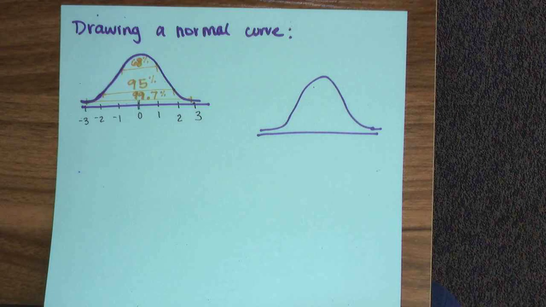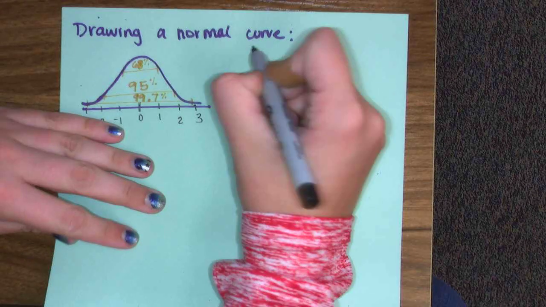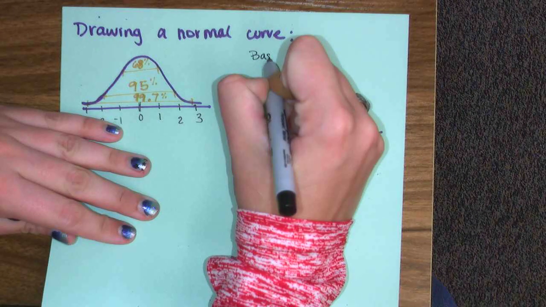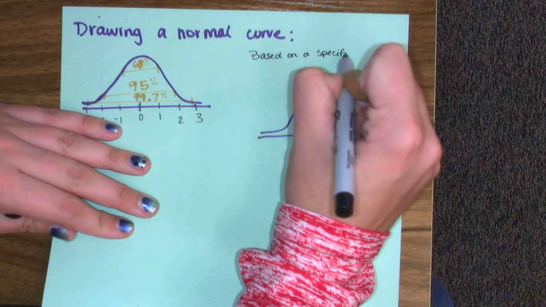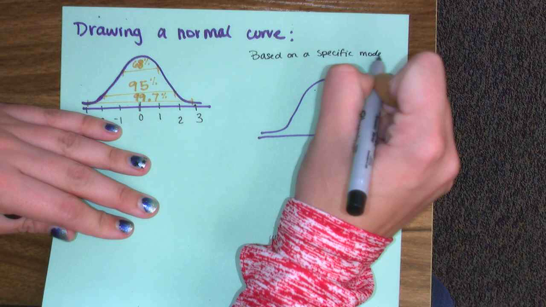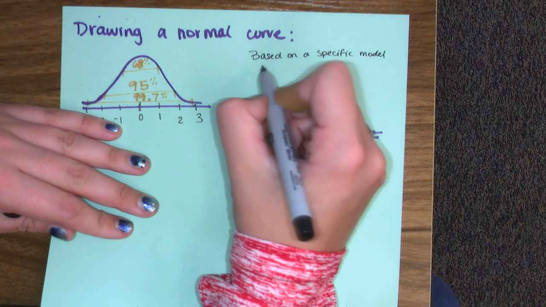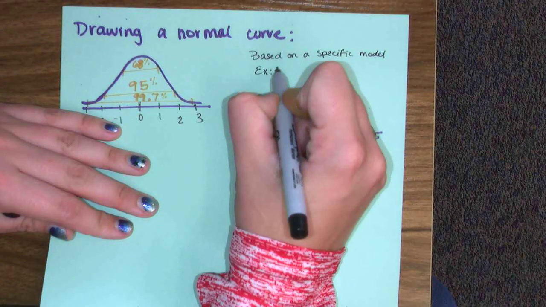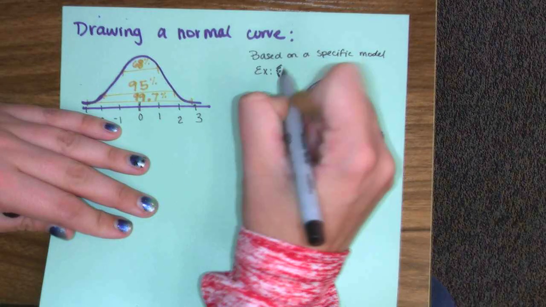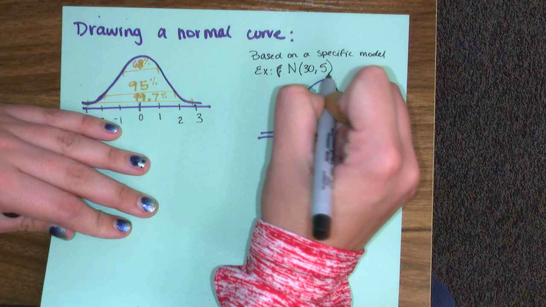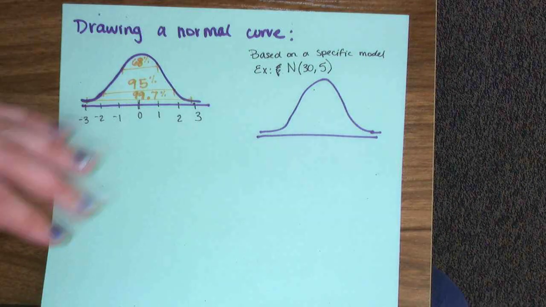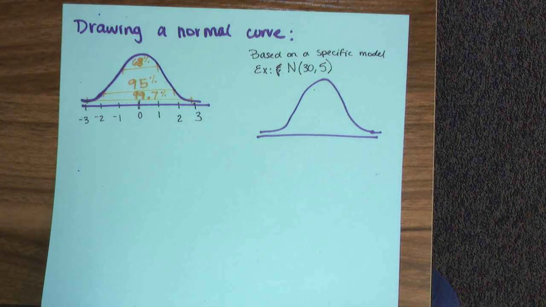Alright, so then based on a specific model, what does this 30 and this 5 represent?